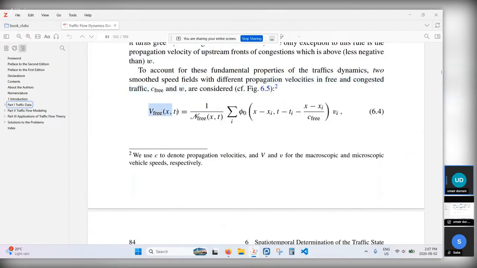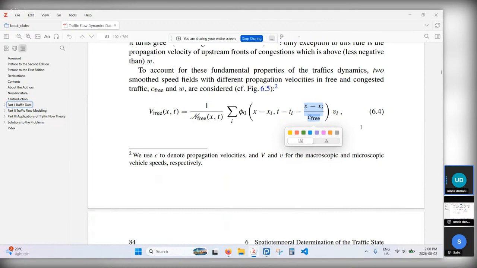So to estimate the free speed, we again use an equation similar to the isotropic method, but instead of considering sigma and tau here, we are considering the time evolution of stop and go waves, where we look at the difference between the detector location and the point of interest divided by the propagation speed in the free flow.